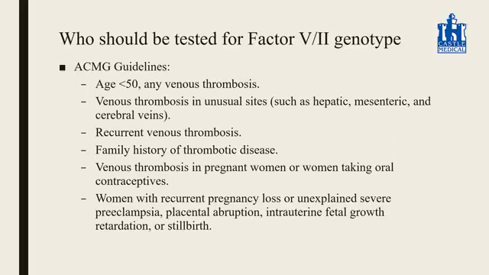There can be different personal histories, like venous thrombosis before the age of 50, venous thrombosis at unusual sites, venous thrombosis coming again and again, or venous thrombosis in pregnant women, or a person who has a family history of thrombotic diseases, and maybe women who have recurrent pregnancy loss or some pregnancy complications. These people are recommended to go for factor V and factor II testing.